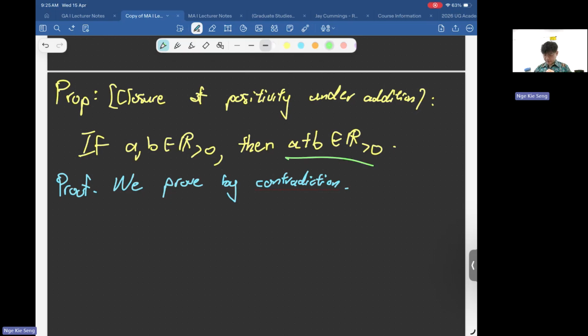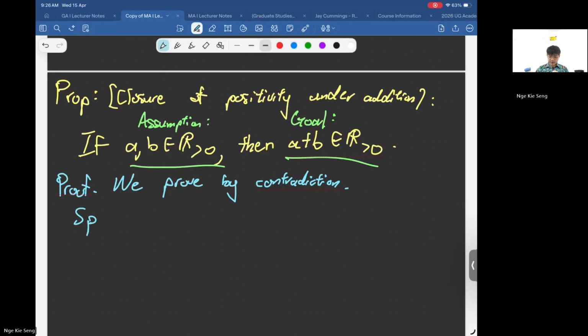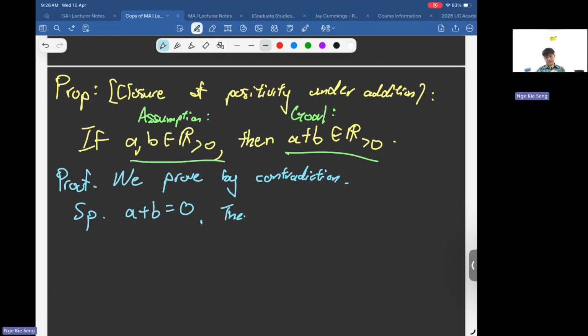So this is our goal, and our assumption is what we know about A and B. So suppose by contradiction that A plus B equals 0, then what we get is A equals minus B. Does this make sense so far?